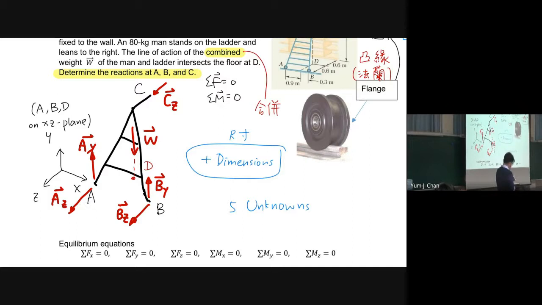But when we look at the forces, all forces are in the directions of y and z, and there are no forces in the x direction. So we don't have summation Fx equal to 0. So we have 5 equations only, and 5 unknowns.